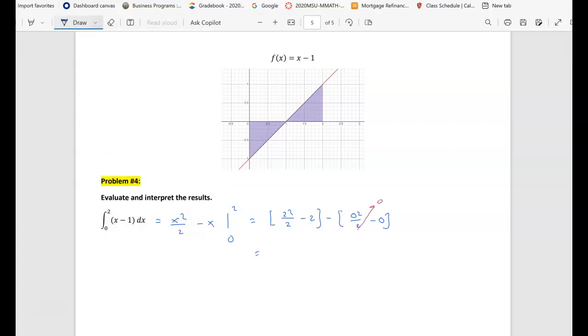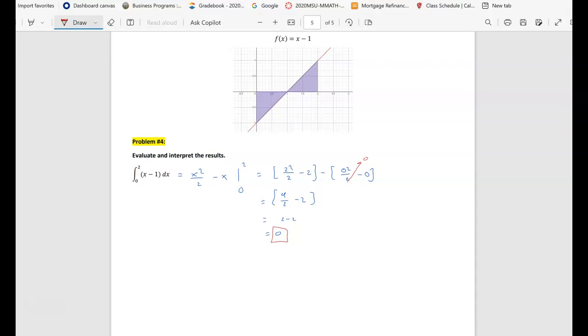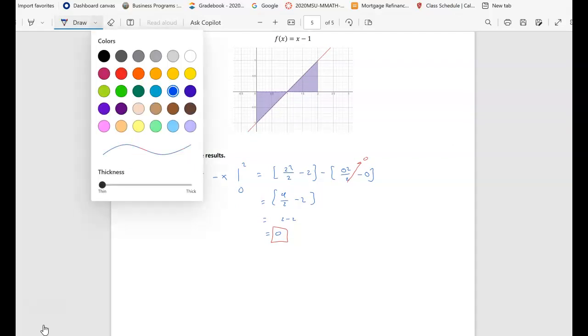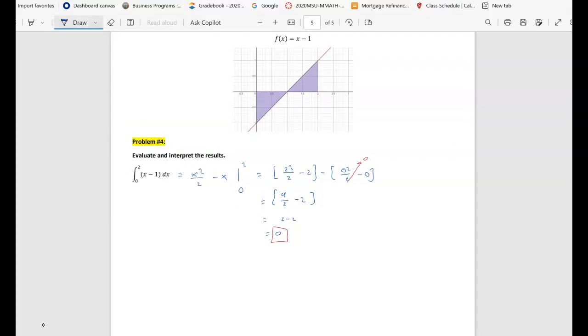And then the first one, we're going to get 4 divided by 2 minus 2. In this case, this is going to be 2 minus 2, or automatically 0. Okay, so for this problem, the value of the integral happens to be 0.